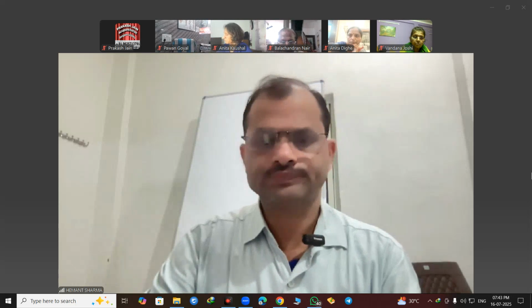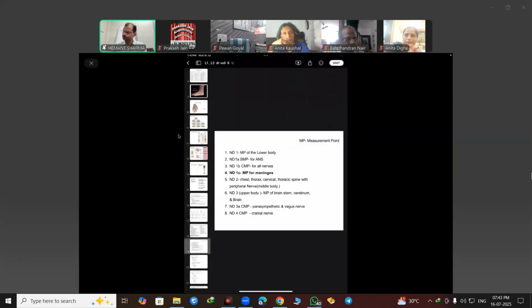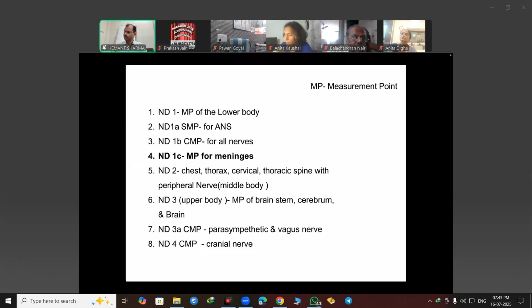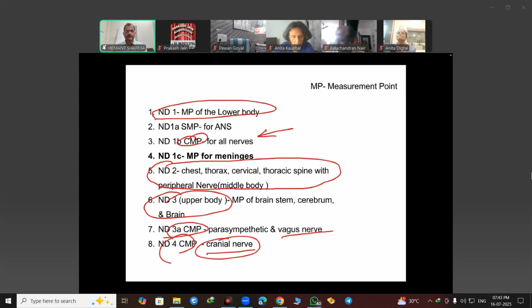So now, let's see this page once again. So ND1 for the lower body, ND2 for chest, thorax, cervical spine, middle body, ND3 for upper body, ND1B is the CMP point for nerves, ND3A also the CMP point for vagus nerve, 4 is the CMP point for cranial nerve.